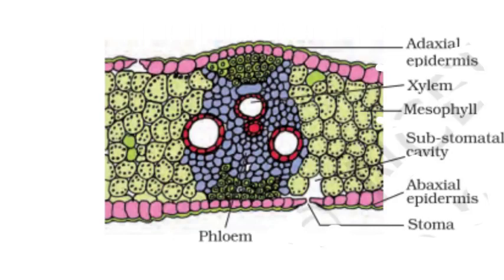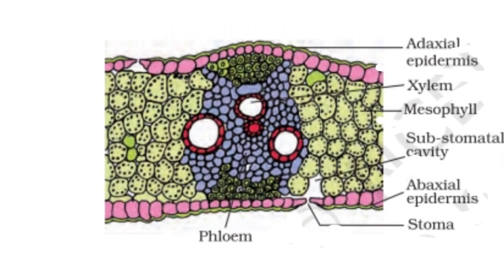Let's see the diagrammatic representation of the monocotyledonous plant leaf. See in this transverse section, the monocotyledonous or isobilateral leaf contains epidermis on both the surfaces. Upper epidermis is called adaxial epidermis, lower epidermis is called abaxial epidermis.